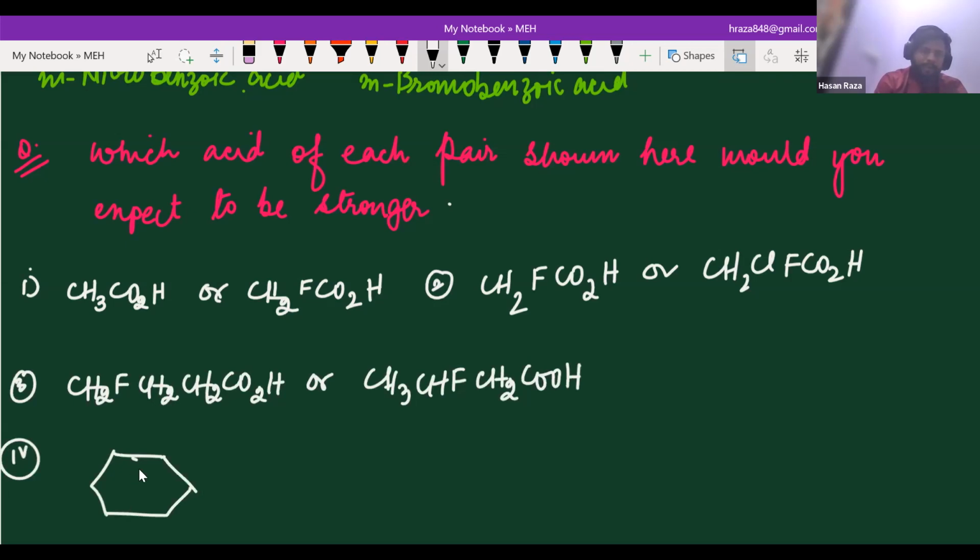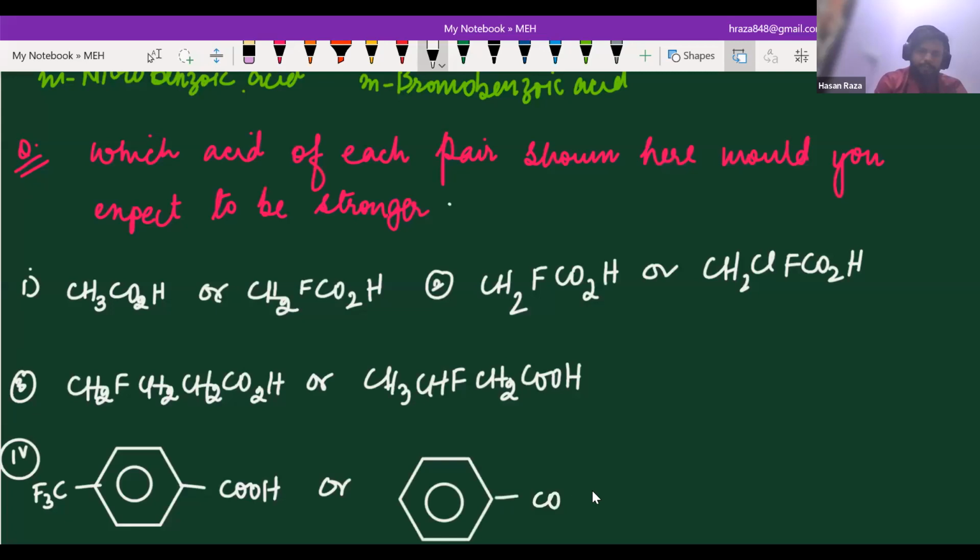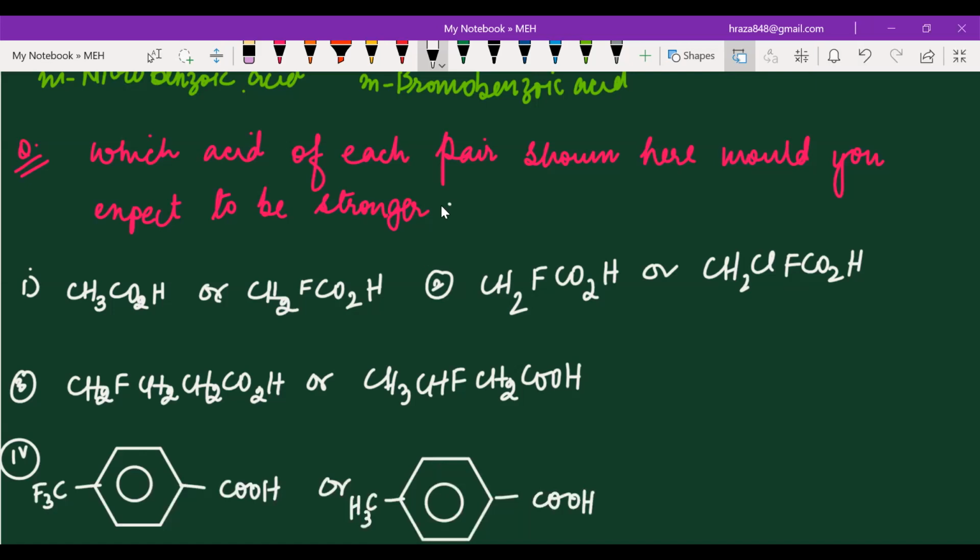This is your benzene in which CF3 is there and COOH is there, and COOH. You need to compare it, please do.